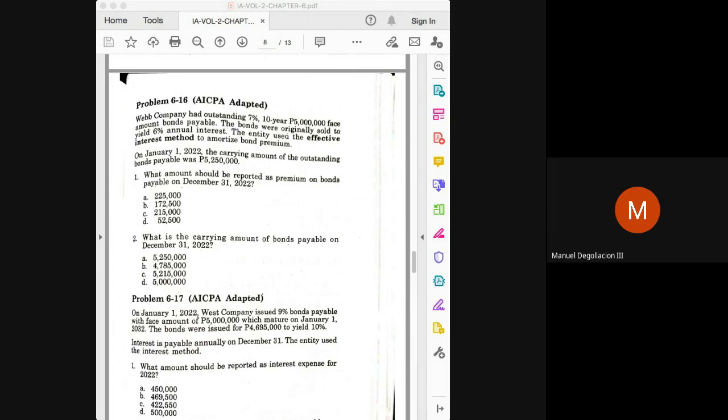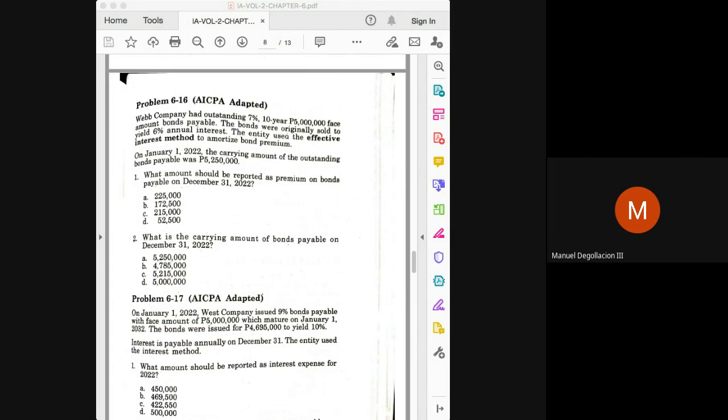Okay, an alternative solution, simply begin with the previous carrying amount, or in this case, the initial carrying amount of 5,250, and then deduct the amortization for the current year of 25. You will still arrive at 5,225,000. Okay, let's proceed to the second year.